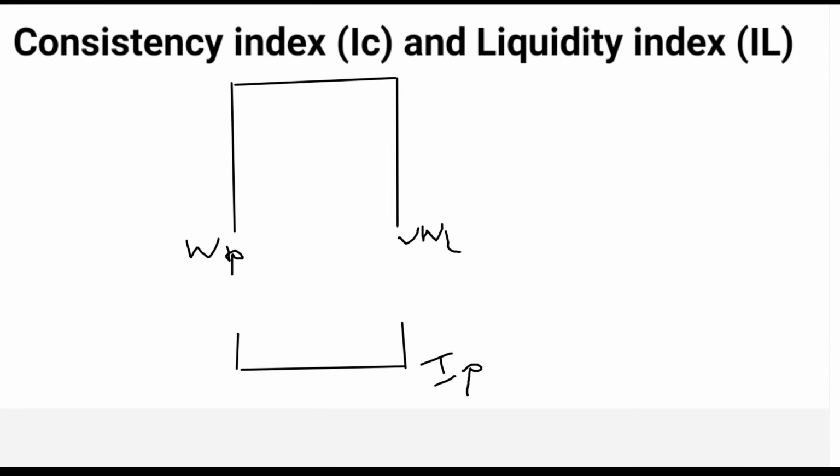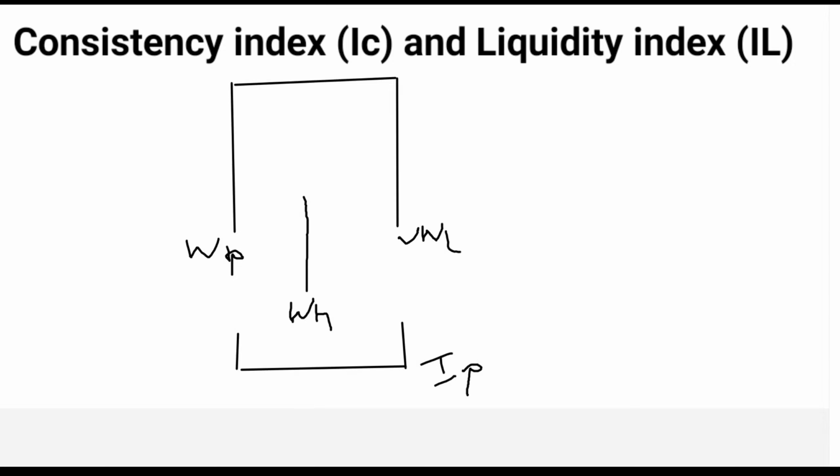And one more thing: the natural water content. Between the plastic and liquid limit we always show the natural water content. You know the natural water content is not in the plastic stage and not in the liquid stage, so I'm going to write natural water content here.